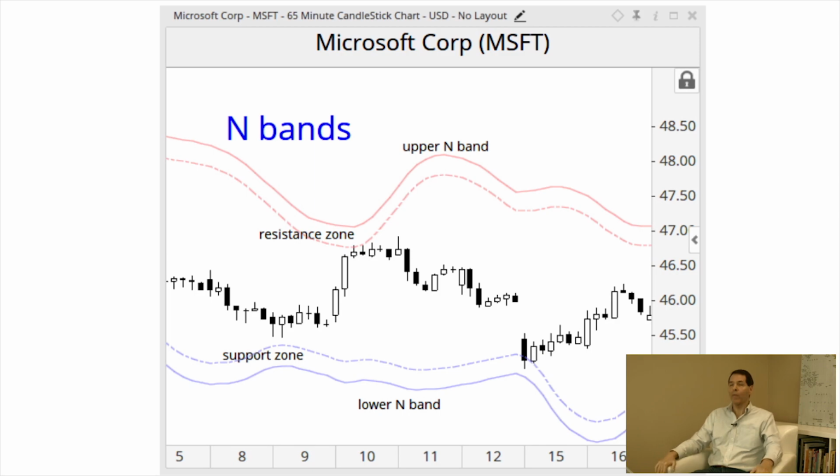And one of the nice things about that, and one of the things that makes any form of good volatility technical analysis work, is that it needs to be flexible. It's very important that this be able to work on any asset class, on any time frame.